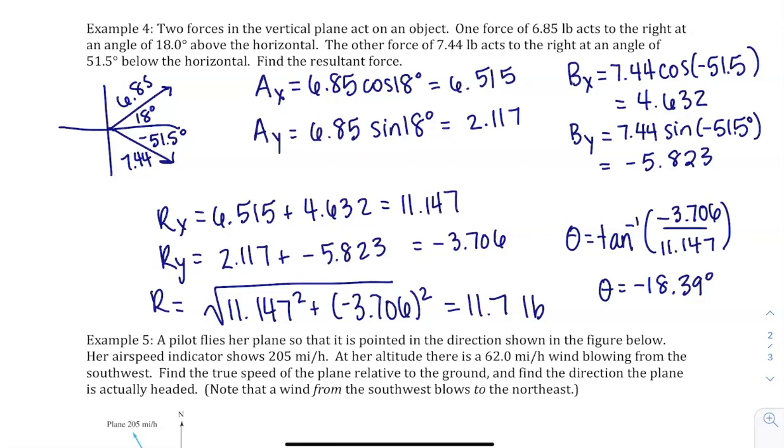So tangent being negative would have happened in both the second and the fourth quadrant. So negative 18.39 is the value in the fourth quadrant, but what if our result was supposed to be in the second quadrant? This inverse tangent function will never give you the answer in the second quadrant. And so when that's the case, you're going to have to use those reference triangles. So I'm going to show you in example 5 when that happens.